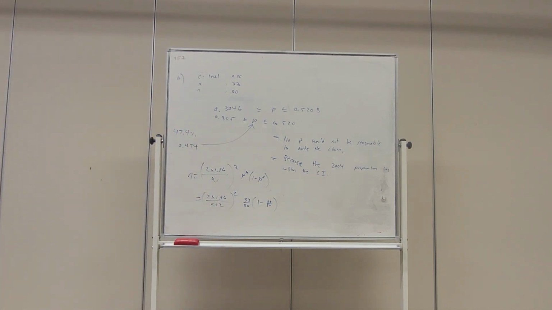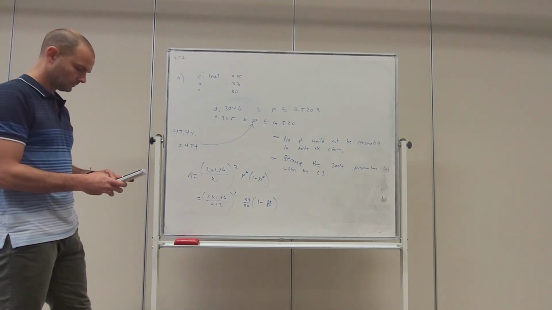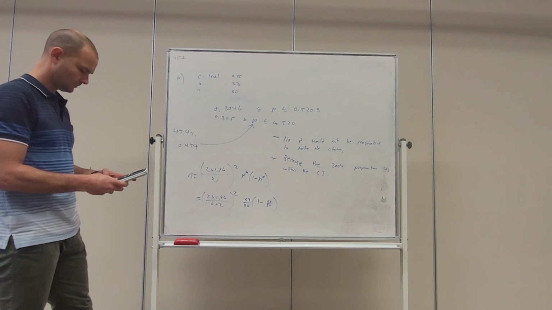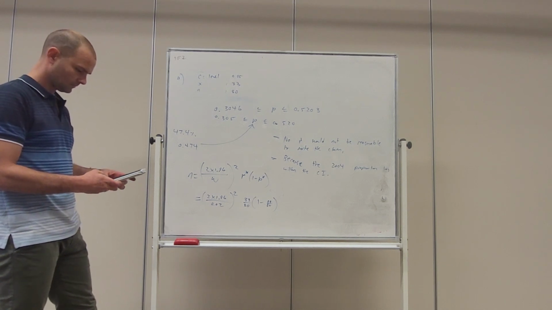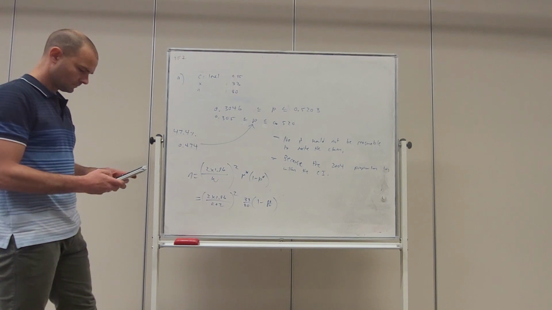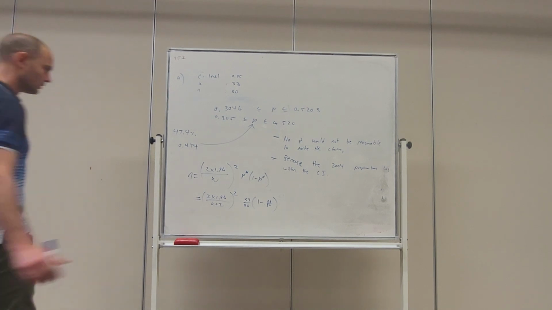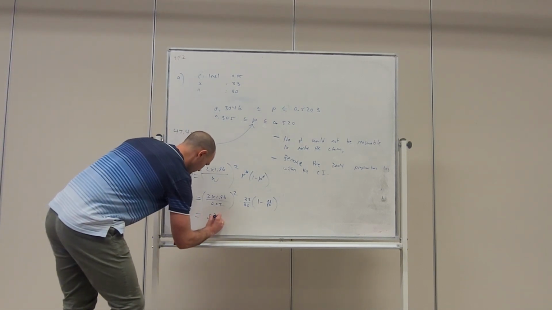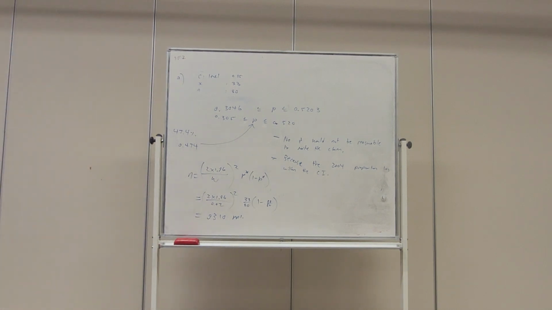Let's evaluate that and then round it up. 9,309.8, which is 9,310 people that we need to sample.